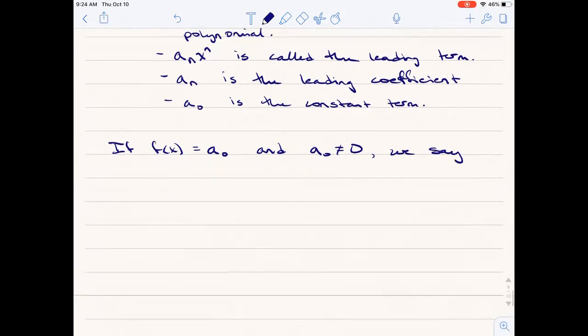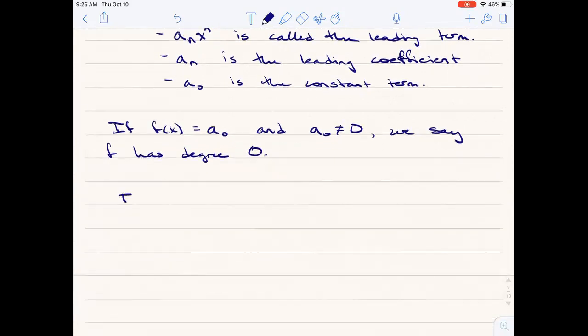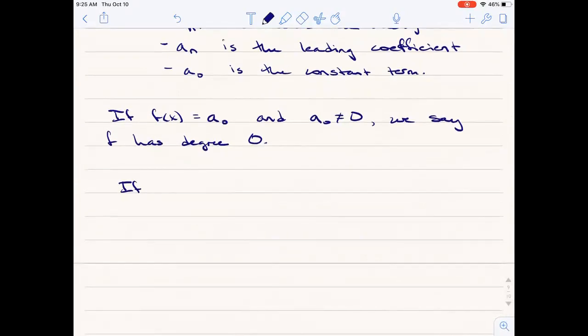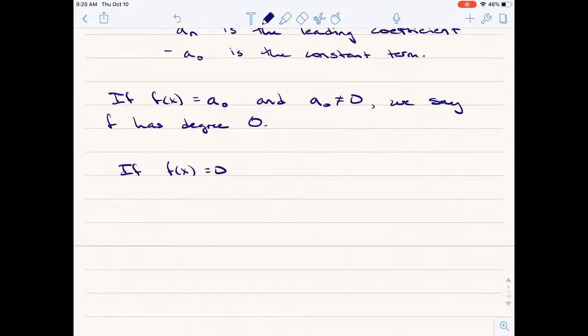We say f has degree 0. Another thing, if f(x) = 0, we say f has no degree.